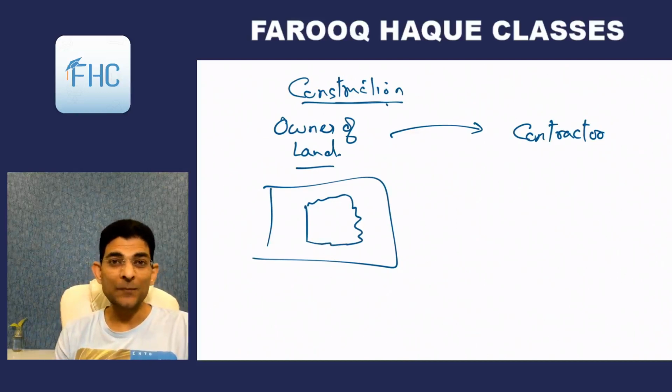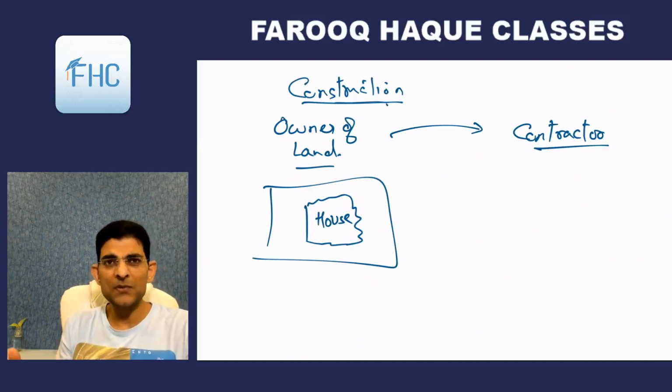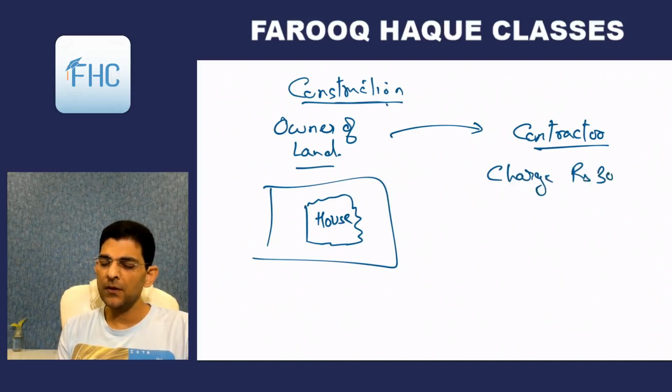So he wants to construct a house on his land. He asks the contractor, can you do it? The contractor says, yes, that's my business, I'll do it. He says, I'll charge, for example, rupees 3000 per square feet as construction cost.